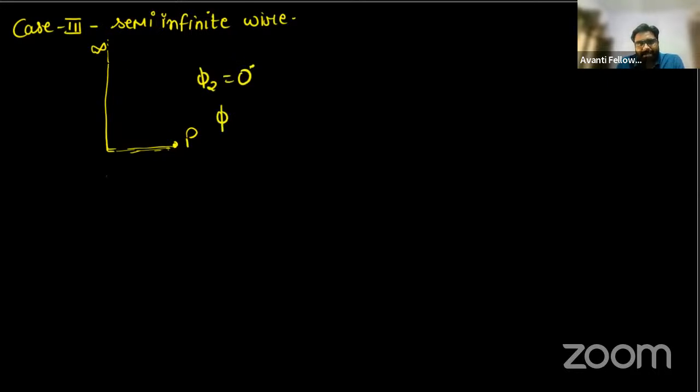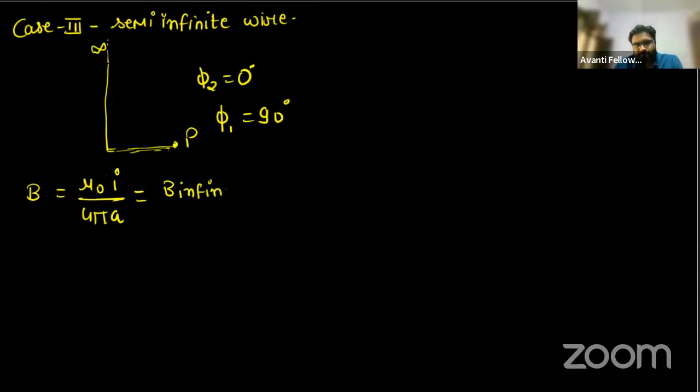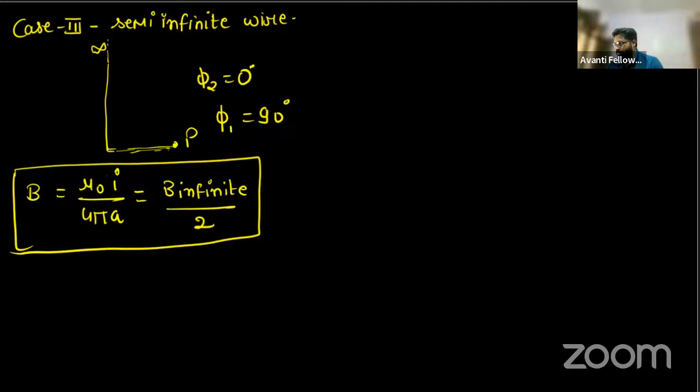Phi 1, the angle of the topmost end, becomes 90 degrees as in the infinite wire. So the expression is mu naught I over 4 pi A, because sine phi 2 becomes 0 and sine 90 becomes 1. This is just half of the infinite case. You can remember this. Got it?